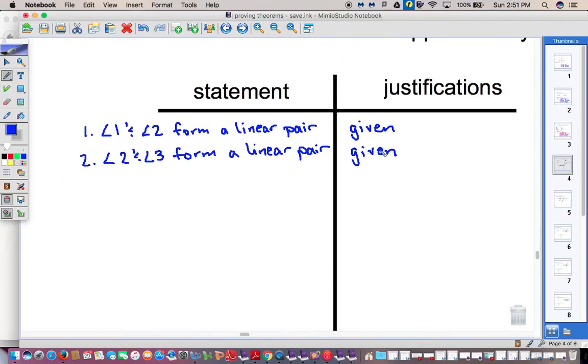Okay, so by the linear pair postulate, we can say that angle 1 and angle 2 are supplementary angles, and that's by the linear pair postulate.